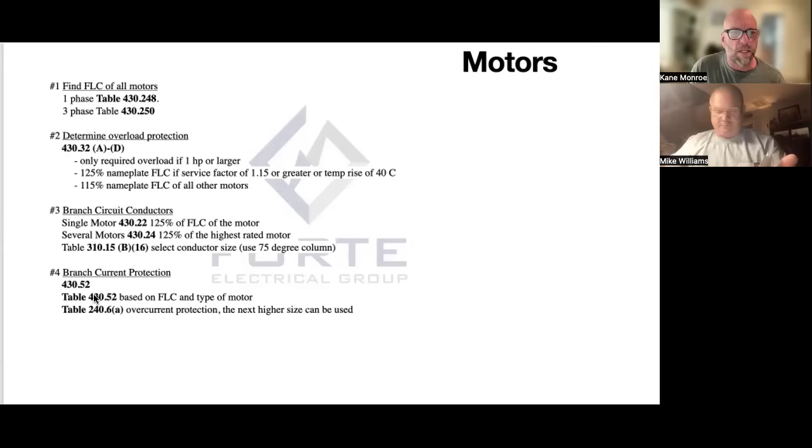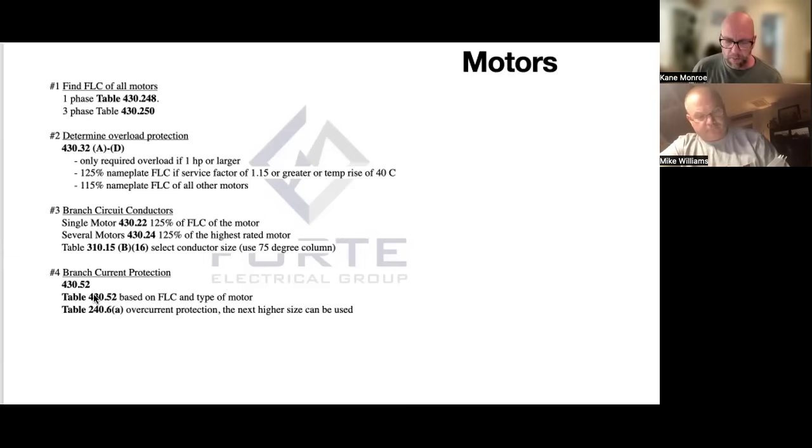And then they're going to tell you what type of overcurrent protection, a non-time delay fuse or a dual element fuse, and you just go across to that column. If we're doing dual element fuses, we'll go down, and it looks like it's mainly 175 percent.